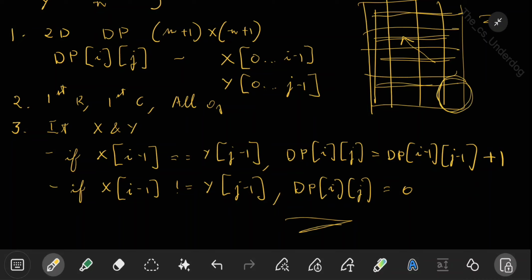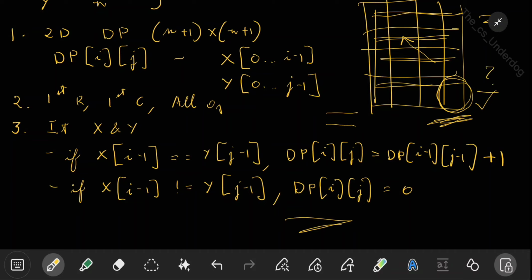That was possible because in case of subsequence, you can add to the subsequence even if it is broken, and whatever is the entry in the last element, that would have told you the length of the subsequence considering all the letters of x and all the letters of y. So this would have given you the actual final answer in case of the longest common subsequence algorithm.